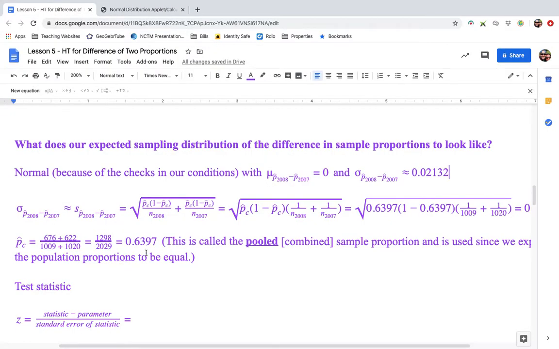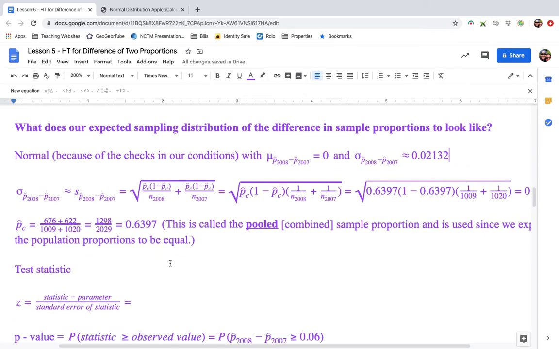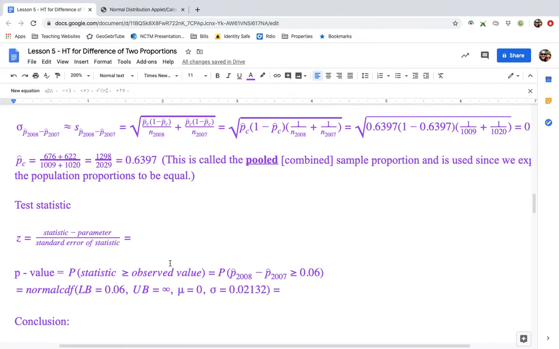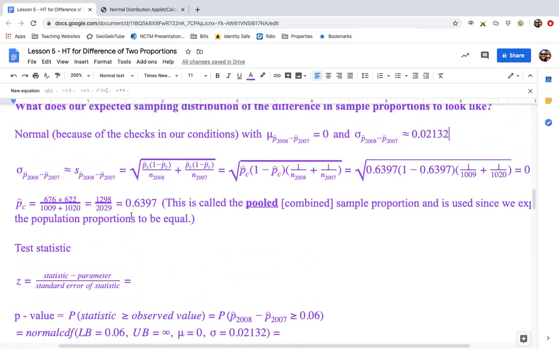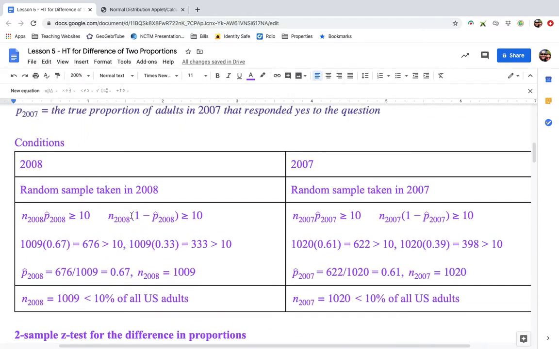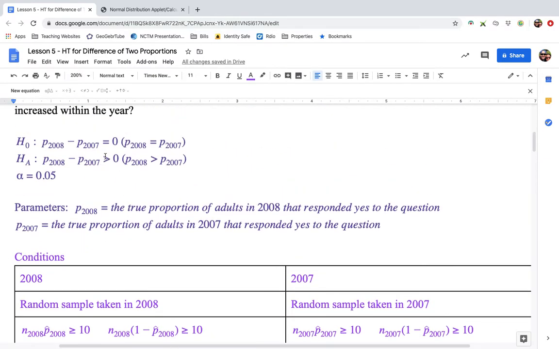So we have our normal distribution. We know what that is. Our test statistic. Really all that's left is we're going to do a p-value calculation, which is just a normal distribution calculation. We're going to find the probability that our statistic is greater than or equal to our observed value. This greater than or equal to comes from our hypothesis, because we are checking to see if we have an increase.